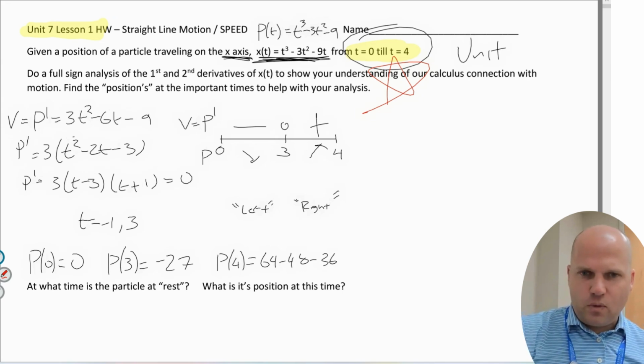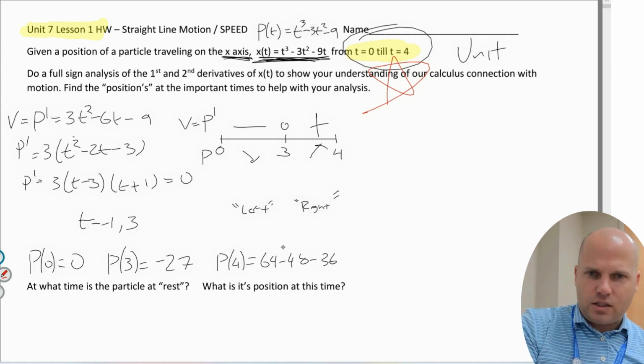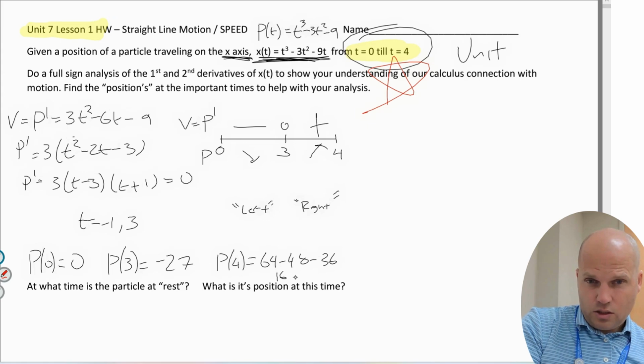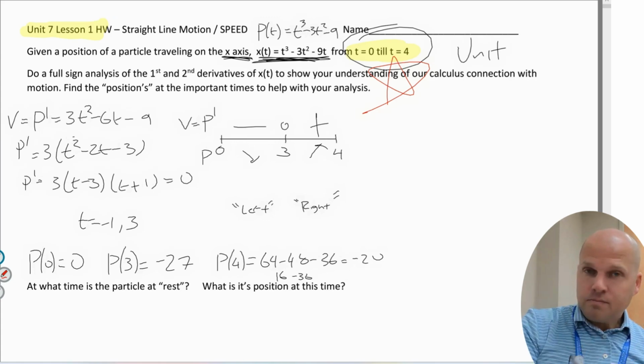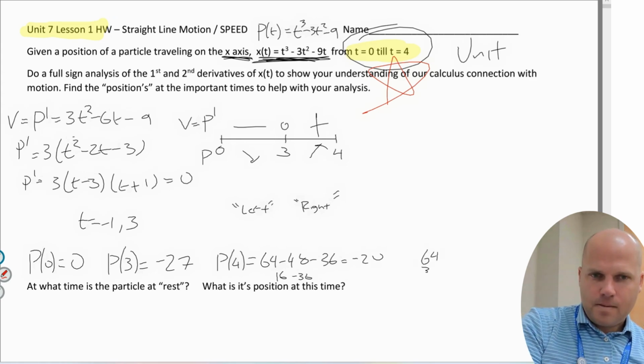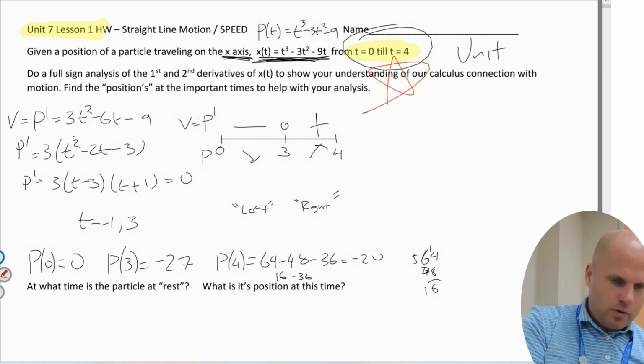So 64 minus 48 is 16. Minus 36 is negative 20. I could just double check that. Okay, good.